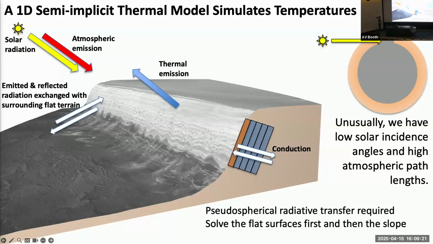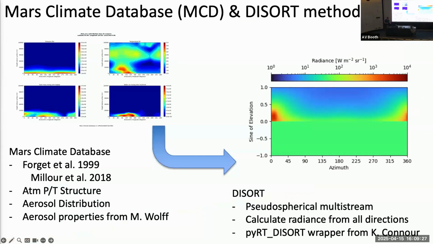It's an unusual situation. So to do that, I use a pseudospherical radiative transfer technique using the DISORT code, which a bunch of people here are probably familiar with, but not to belabor all the details, do come talk to me later if you're interested. I can take the atmospheric parameters from something called the Mars Climate Database.